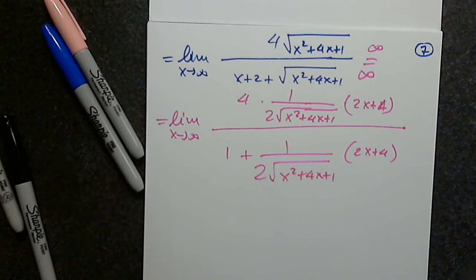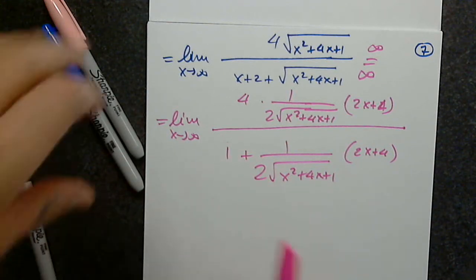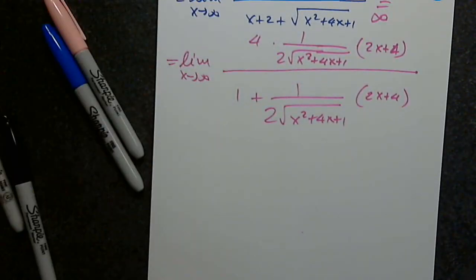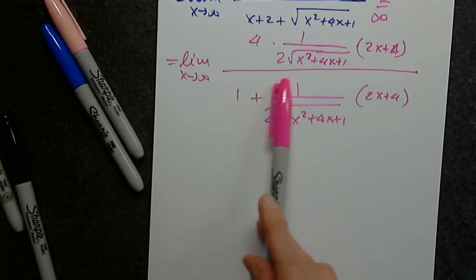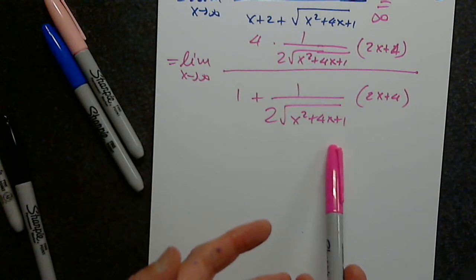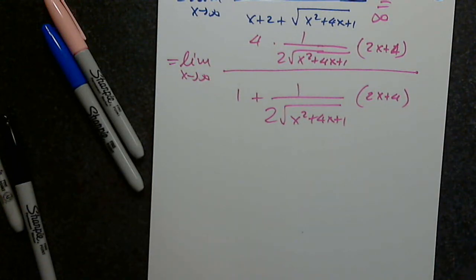I could get rid of the denominator if I simplify. But then I still have the square root of x squared plus 4x plus 1 times x plus 2. And I can't get rid of this. That's the problem. Now, if I keep it as is and I try to differentiate, this is a ratio, and it gets even more complicated.